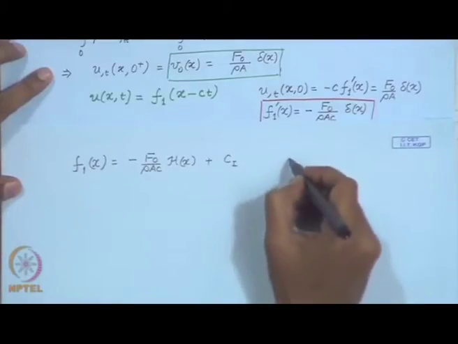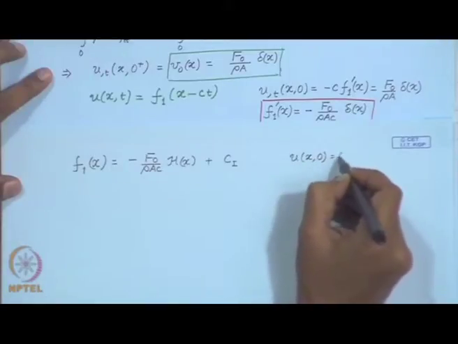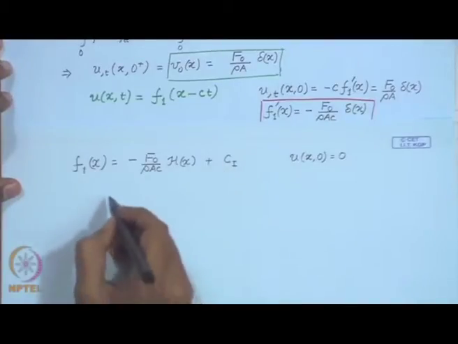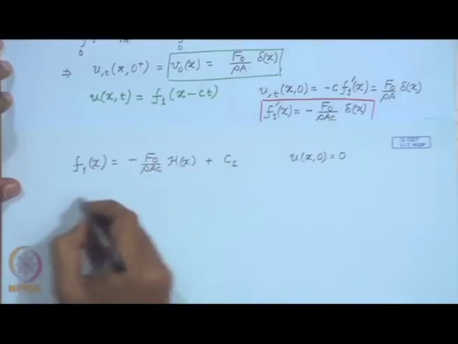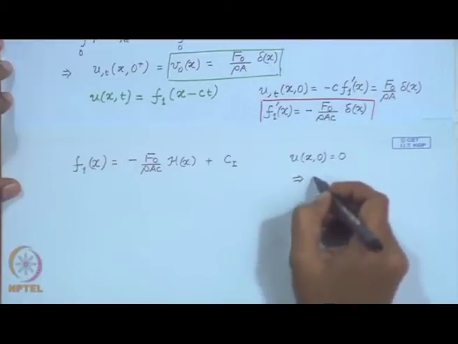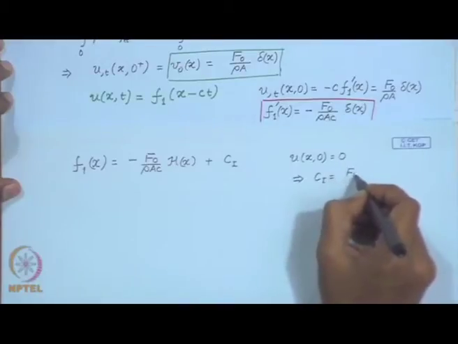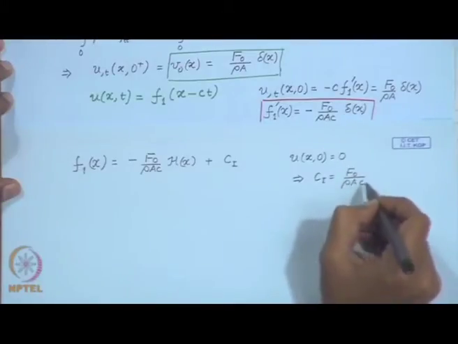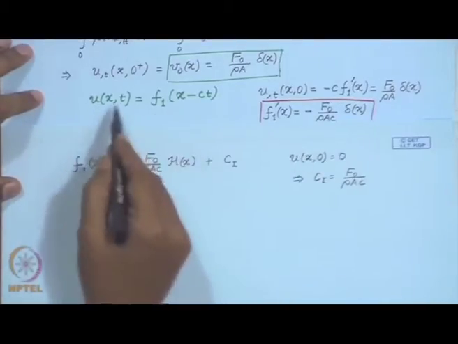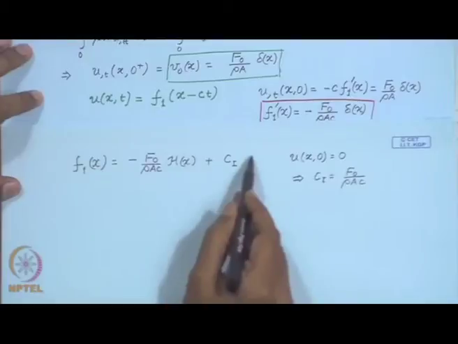So u(x,0) is nothing but f 1 of x, and that must be equal to 0.